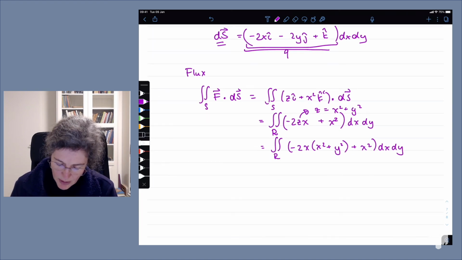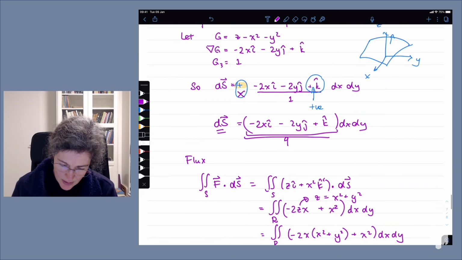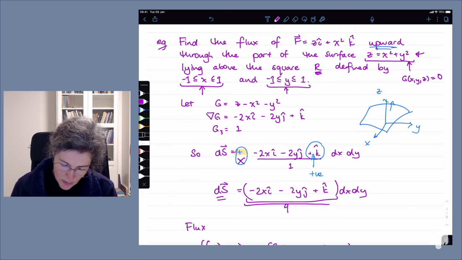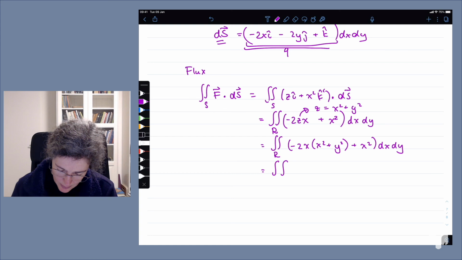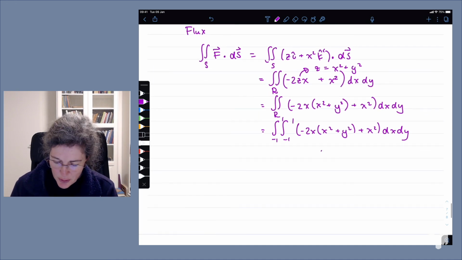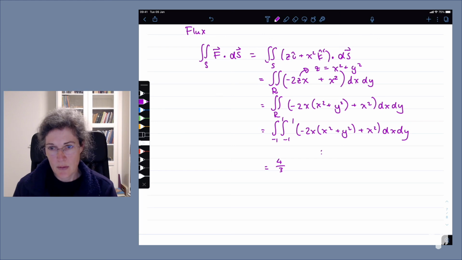And finally, we need to think about the limits of integration here. That is in fact given in the problem. We're lying above the square R defined by x lies between -1 and 1, y lies between -1 and 1, and so we can put these in. All right, and you can do some integration practice there, and what you should end up with is 4/3.